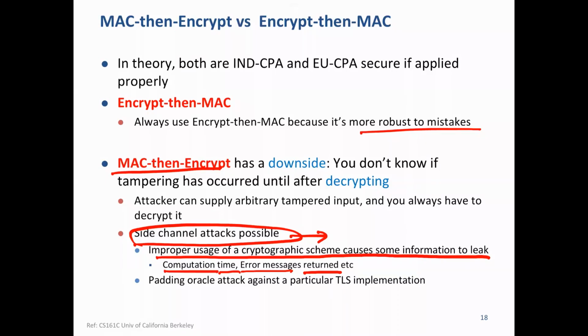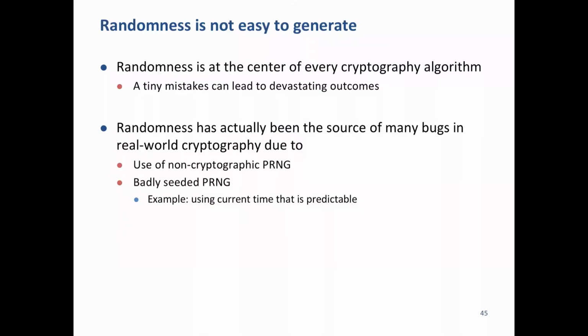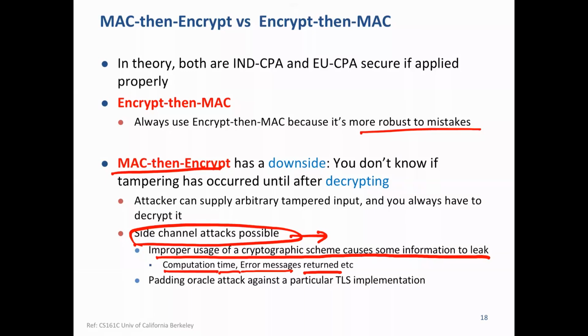So this is not the normal way of attacks. This kind of attack, by observing some parameters, is called a side channel attack. So MAC then encrypt is vulnerable to side channel attacks, right?